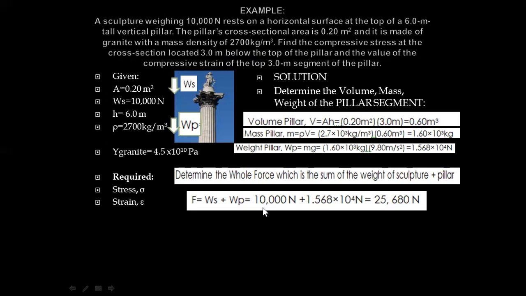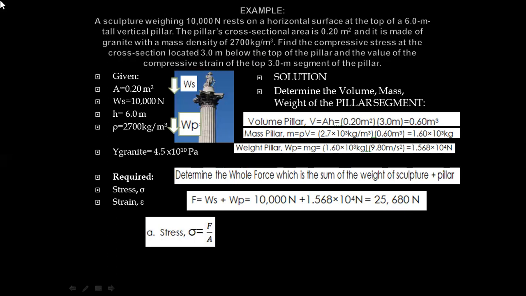As we substitute the values, 10,000 newtons for the weight of the sculpture, plus the solved value for the weight of the pillar at 1.568 times 10 raised to 4 newtons, or 15,680 newtons. If we add up these values, this gives us 25,680 newtons.